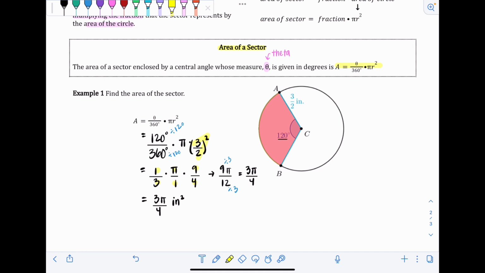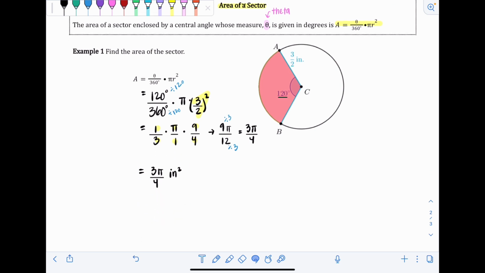If you had to get a decimal approximation, you would do 3 times 3.14 for pi, and then over 4. You can multiply 3 times 3.14, or if you have the pi function on your calculator, you can also use that.